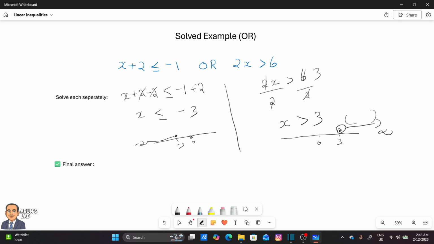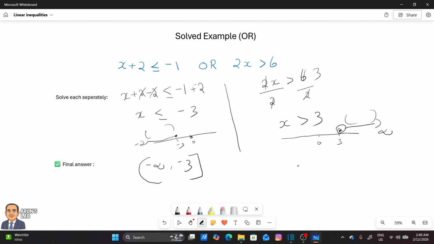So this region and this region. In interval notation, the first will be minus infinity, comma, minus 3, with minus 3 included because x is less than or equal to.